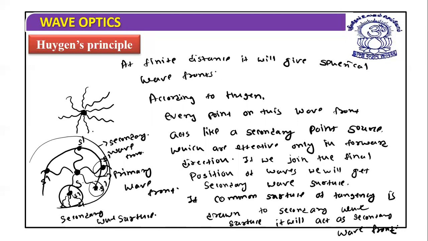Again, every point on the secondary wavefront will act as an individual point source. They will emit light in forward direction only. We will draw the third spherical surface, tangent to which will give us the third wavefront, and this process will go on.